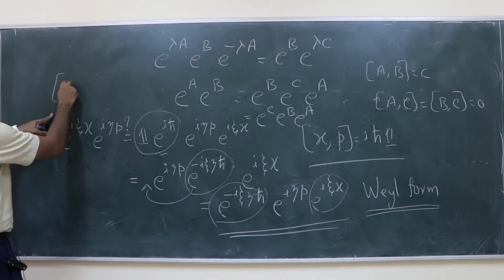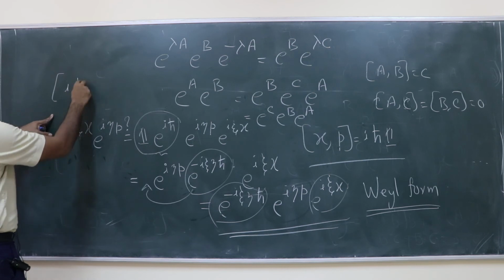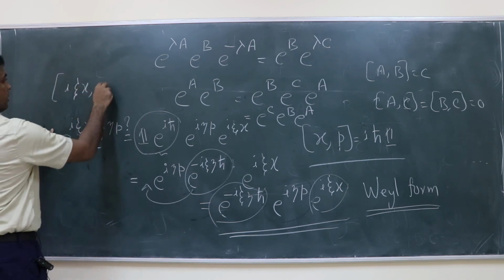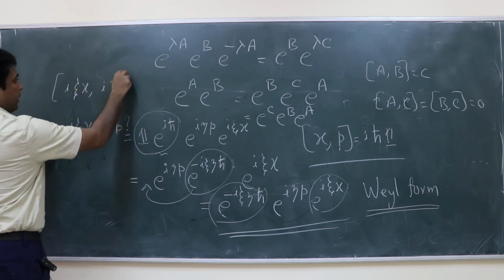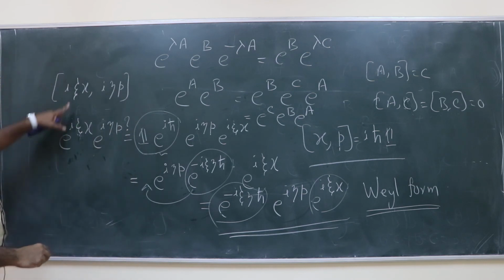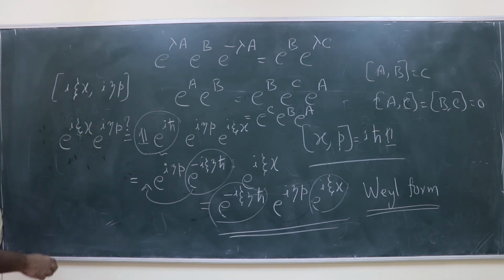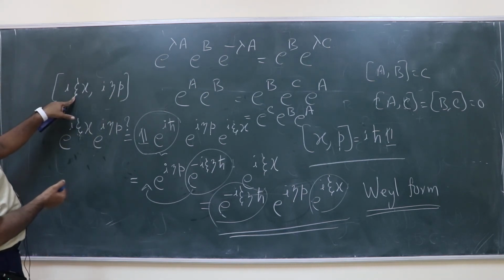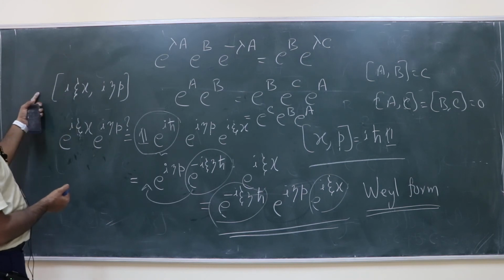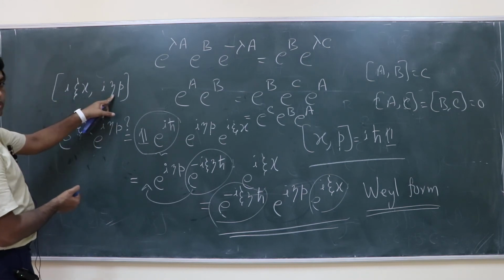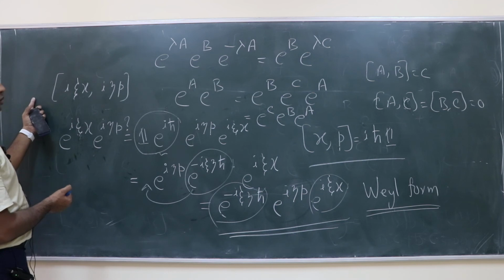So i psi x with i eta p. So this is what you have to find out. What is i psi x commutator with i eta p? i psi is a number, I can take it outside the commutator. i eta is also a number, I can take it outside the commutator.